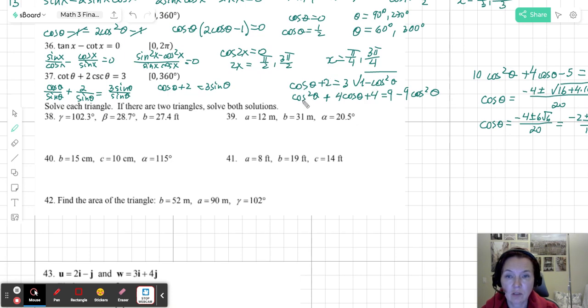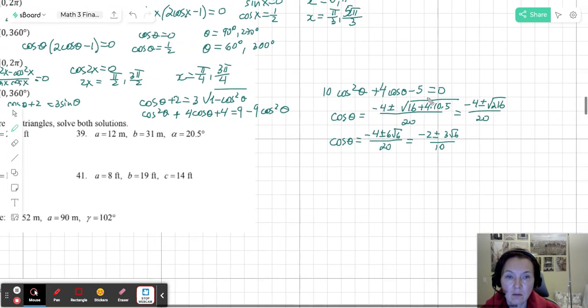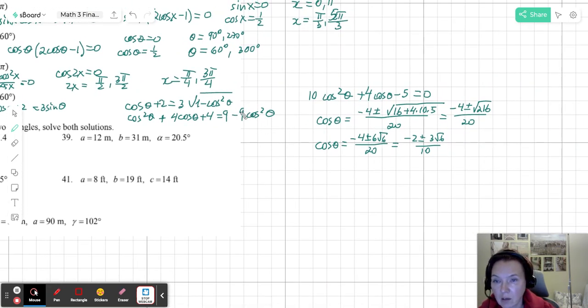So I have cosine squared plus 2 times cosine, so that's 4 cosine theta, plus 2 squared, which is 4, equals 3 squared, that's 9, and then multiply by 1 minus cosine squared. Then I am bringing 9 cosine squared theta to the left side, so total I have 10. I have 4 cosine theta, and then I will have to subtract 9 so that I have minus 5.